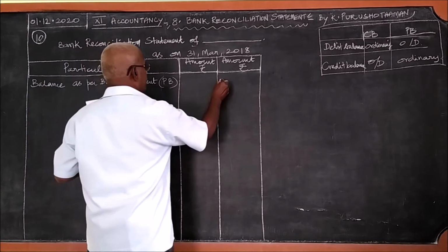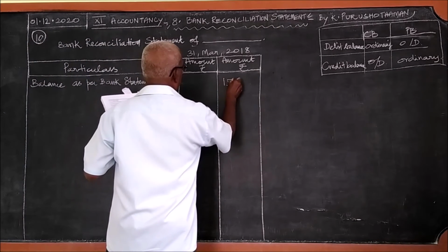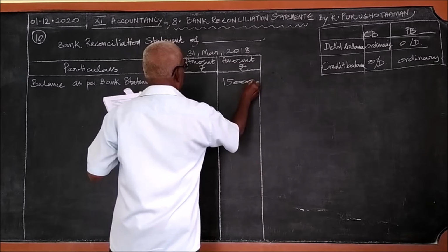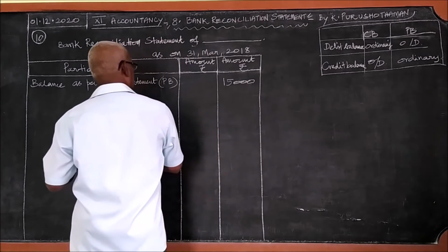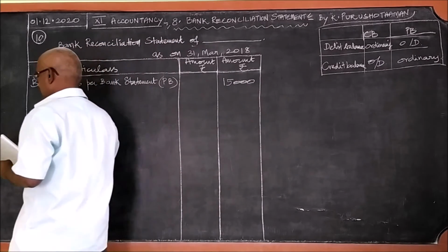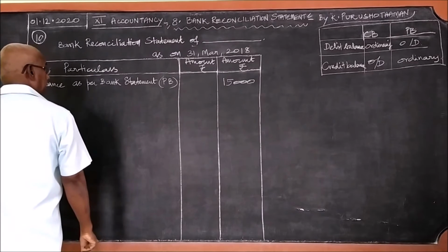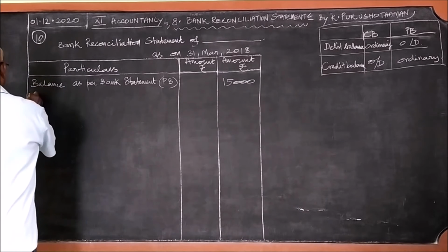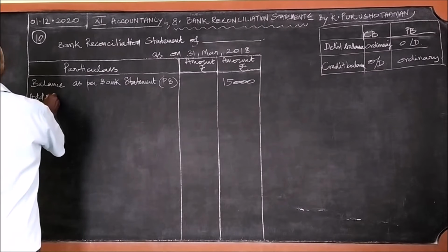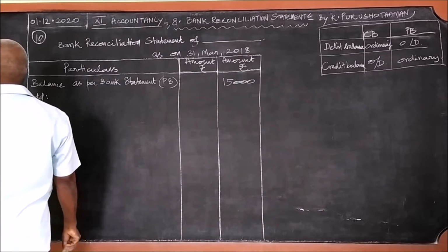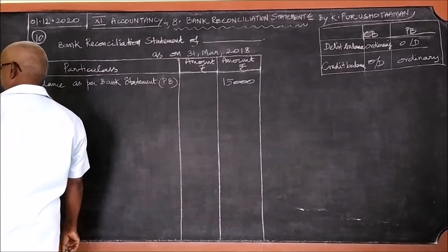The amount is 15,000. As usual, we should add some items and we should minus some items.